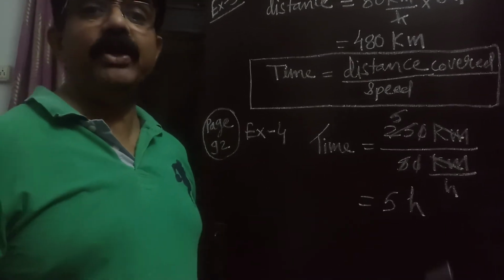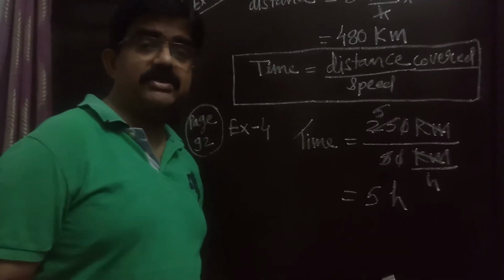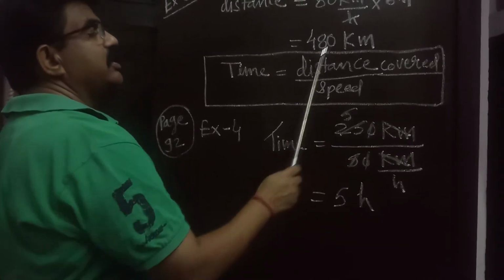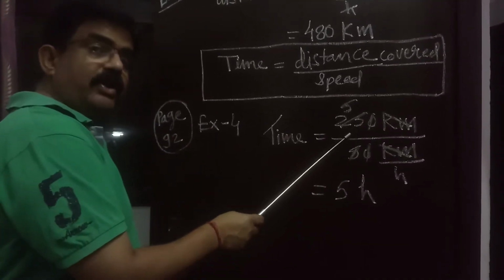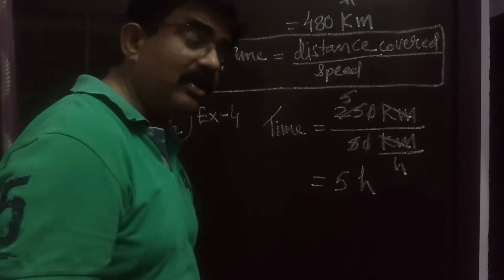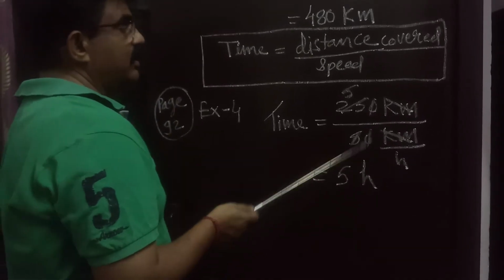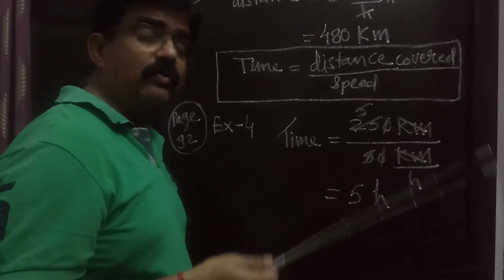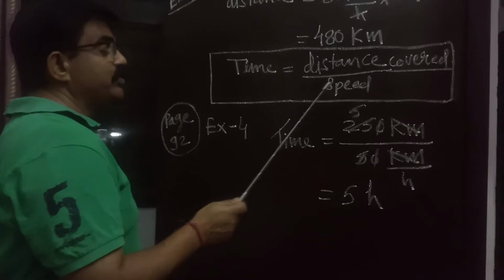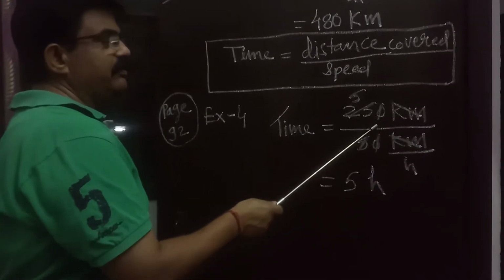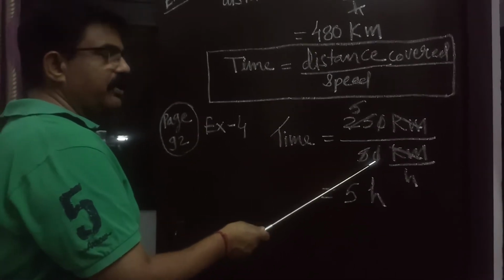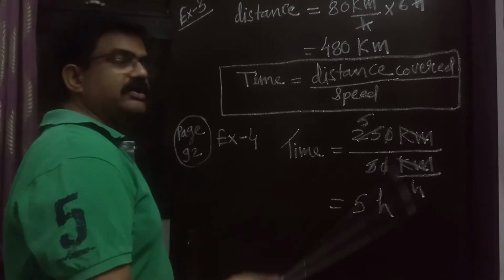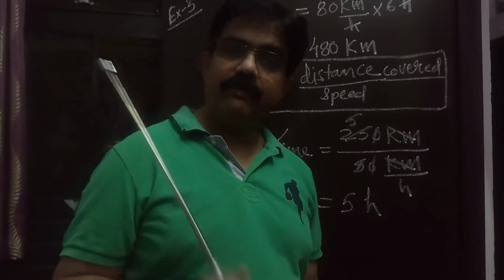How much time does the bus take to cover the distance between New Delhi and Chandigarh? तो कितना distance है न्यू दिल्ली और चंडीगढ़ के बीच में? 250 किलोमीटर. बस की स्पीड क्या है? 50 किलोमीटर पर आवर. So how much time will the bus take? The answer is 250 upon 50. You solve it, you get 5 hours.